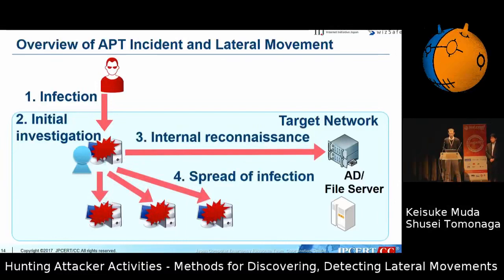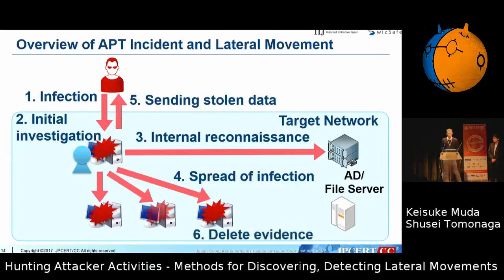They will send confidential information using cloud services and so on. Last, they delete logs and created files. Lateral movement has 4 steps: initial investigation, internal recon, spread infection, and delete evidence.